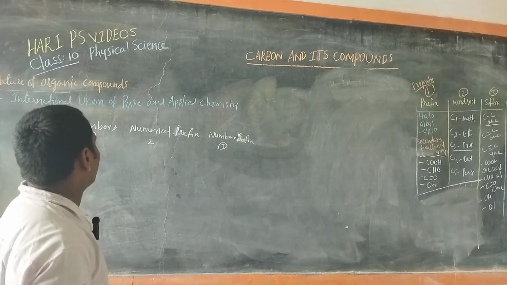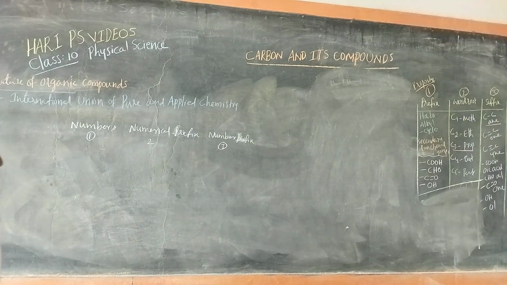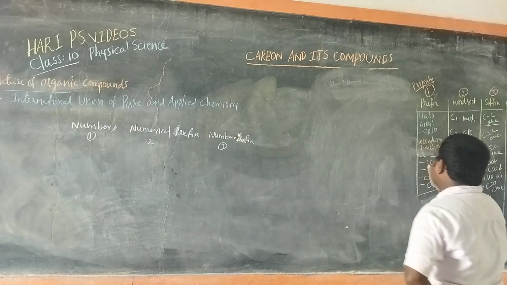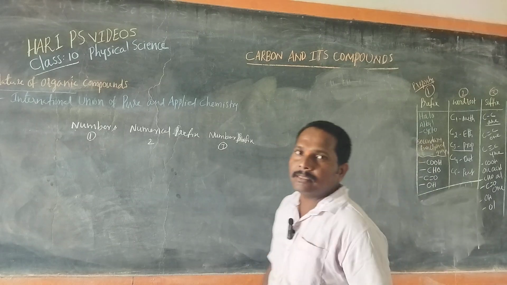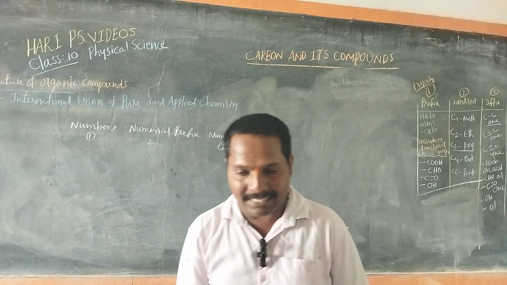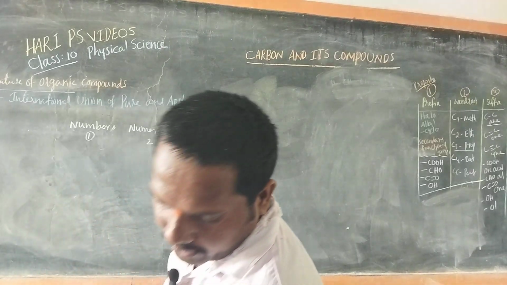So maybe it is confusing. Better we give the priority first for prefix, word root, suffix. If I write like this, it is very difficult for you to understand, because here different kinds of numbers are given.